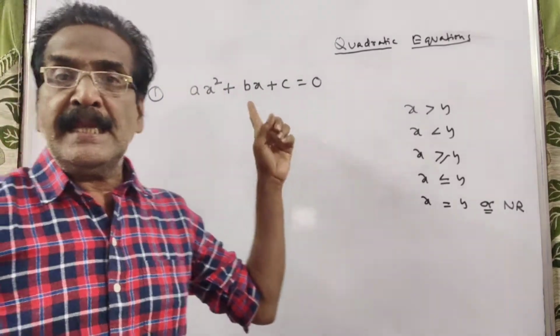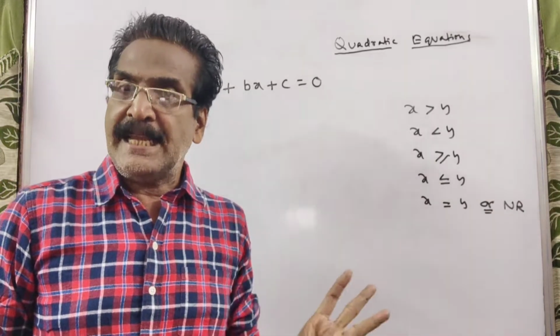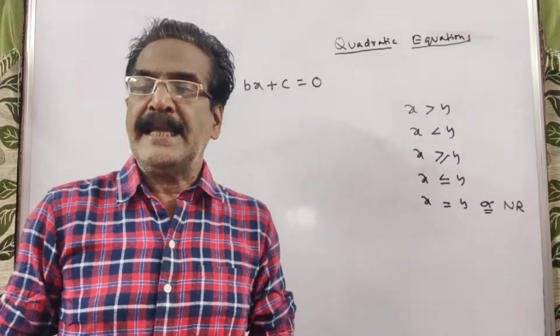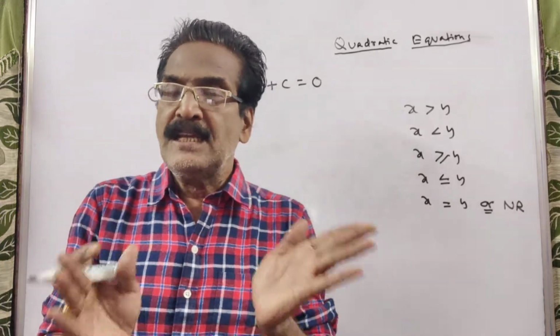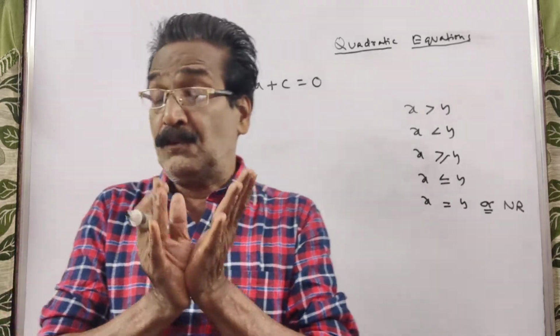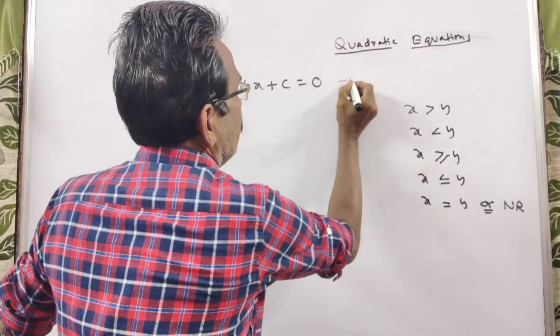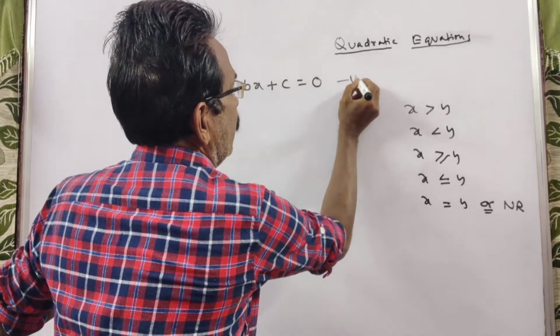If all the coefficients a, b, c are positive, then both the roots of the equation are negative. Both the roots are negative.